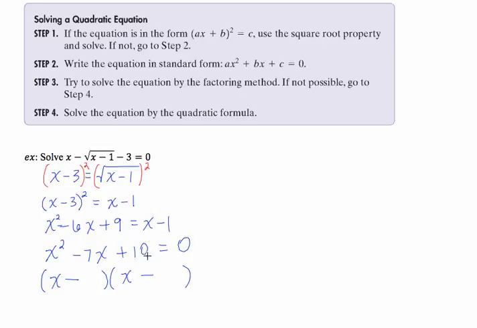We want them to multiply to 10 and add to 7, so let's try 5 and 2. If we FOILed this, our outside term would be negative 2x and our inside term would be negative 5x. Those add to negative 7x, so it looks like we are good to go. So from here we can just set each factor equal to 0 and solve.